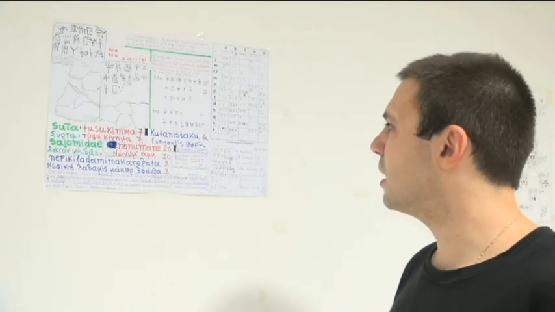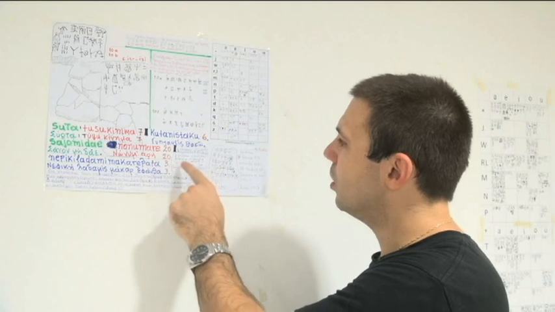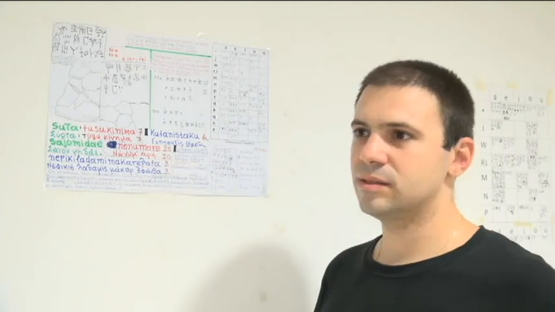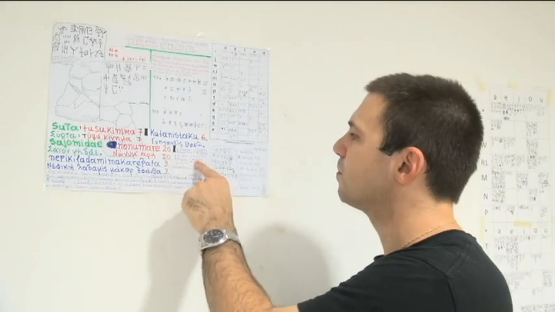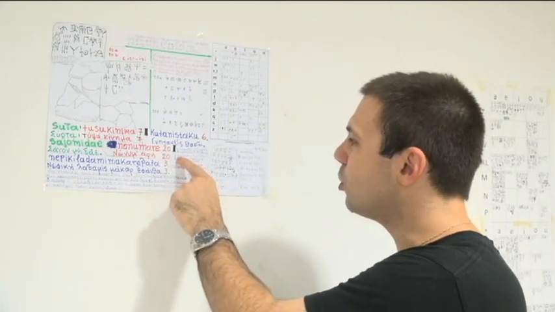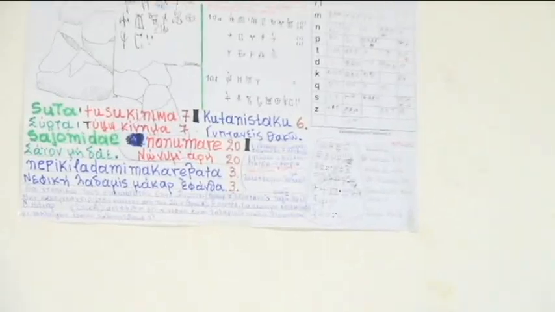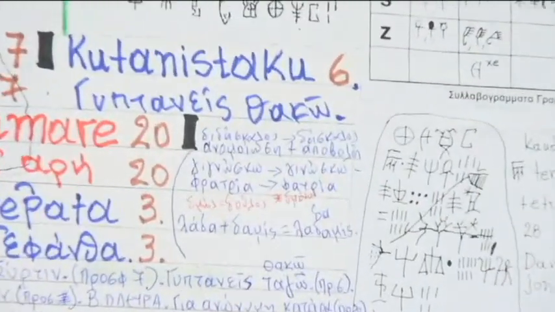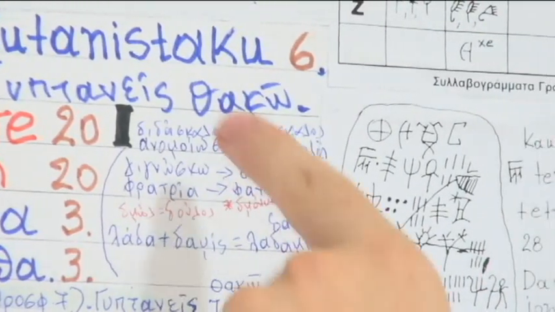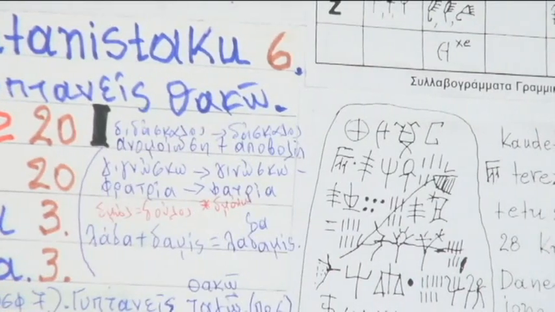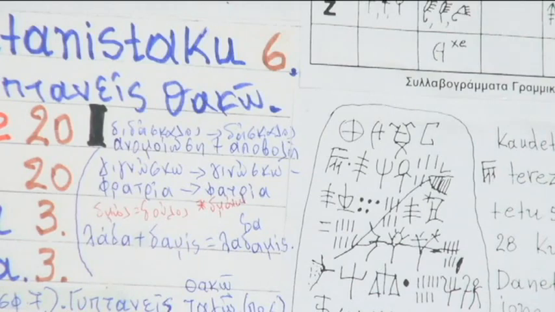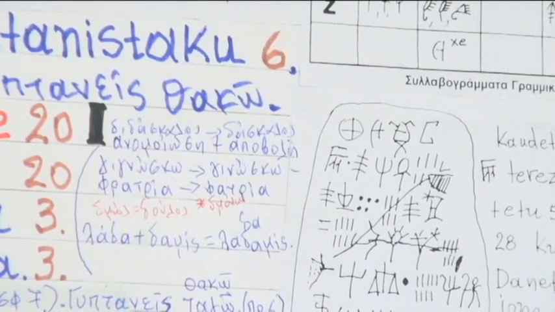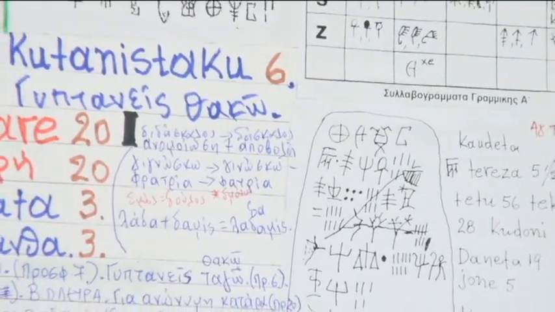Like, let's say, fratria, the family, became fatria. Gignosko with double gamma, ginosko. And then again, didaskalos, the teacher, became daskalos, just because there were doubles there that didn't sound very comfortable.